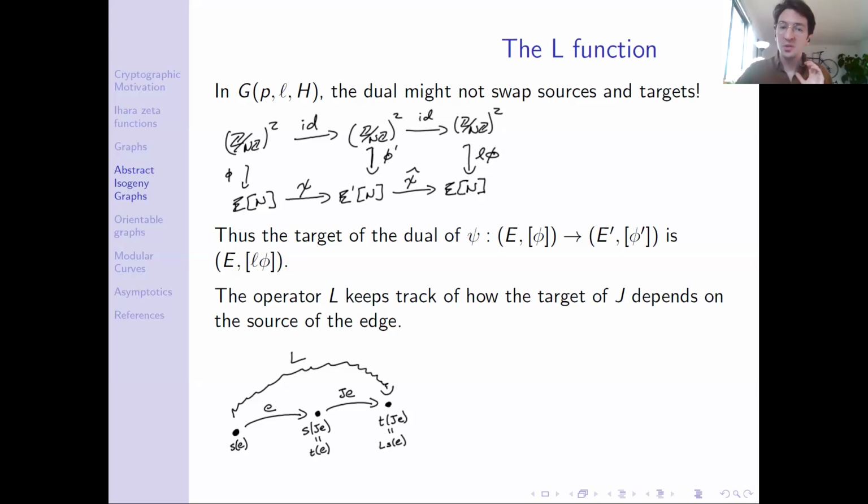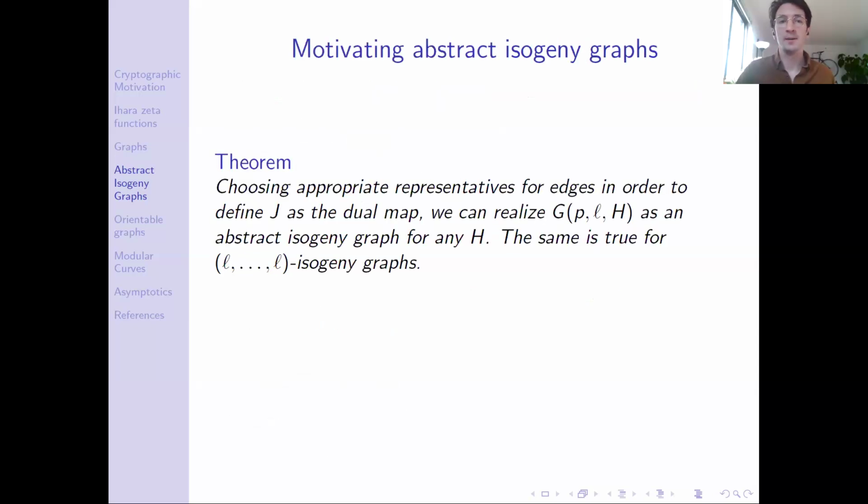Okay, so we hope that with these definitions, these abstract isogeny graphs really capture the combinatorial properties we need to talk about non-backtracking walks and spectra of isogeny graphs in more generality, to capture level structures, the cases where we have extra automorphisms, all at once.